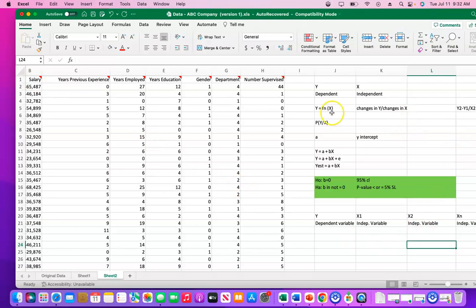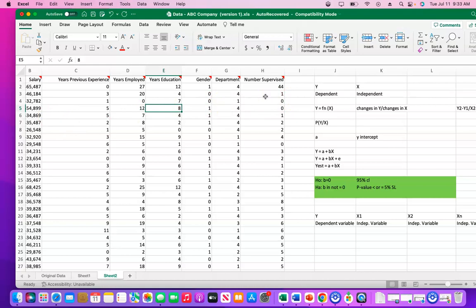So what we did before, the example which we had, I think we worked on years of previous experience, and also we looked at years of education. You can practice by yourself to see the relationship between salary and years employed, salary and gender, salary and department, and also salary and number supervised.